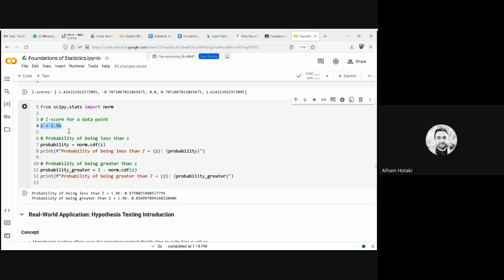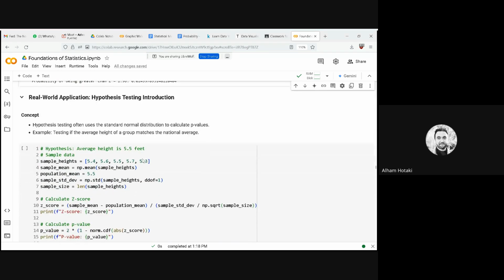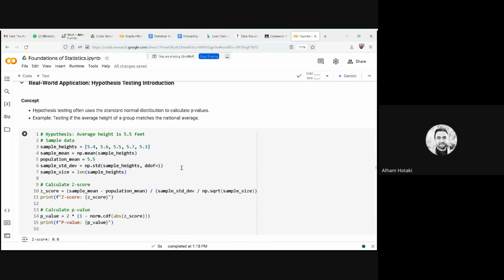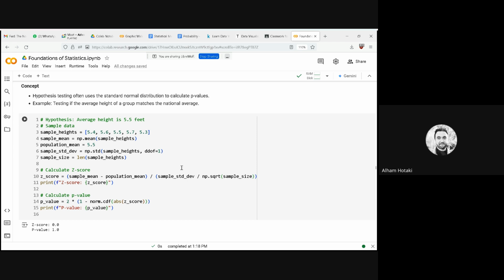So this is how you can calculate the probability of being less than z. It means that almost 97% of the data points are less than 1.96, and only around 2.5% are larger than this z-score of 1.96. So this is how you have to understand the z-score.